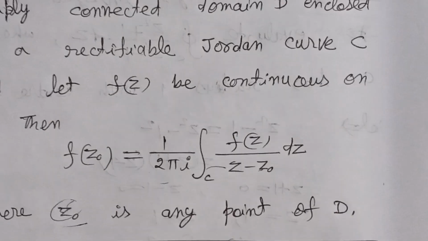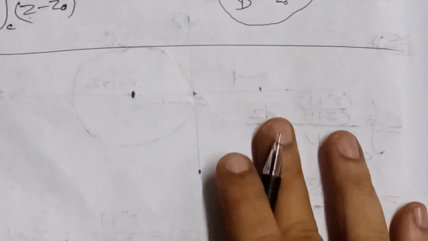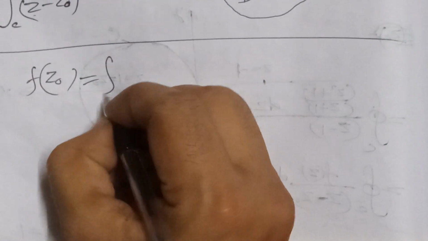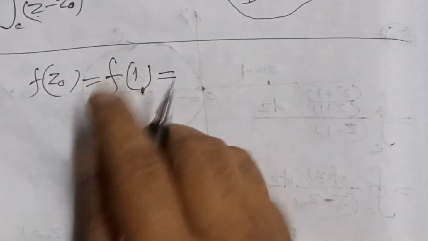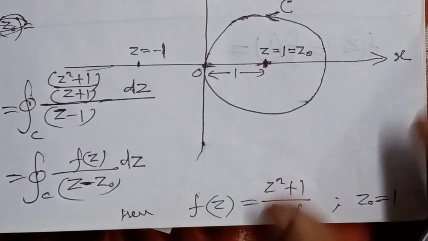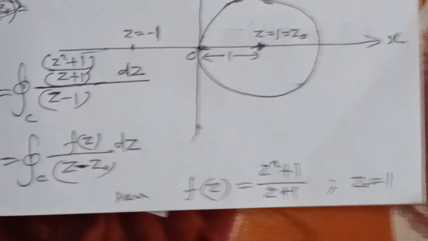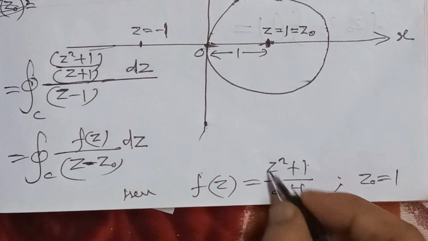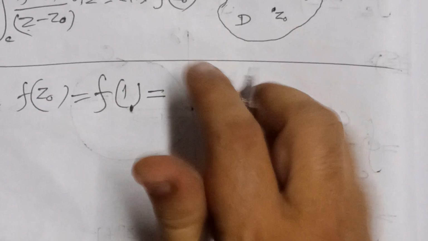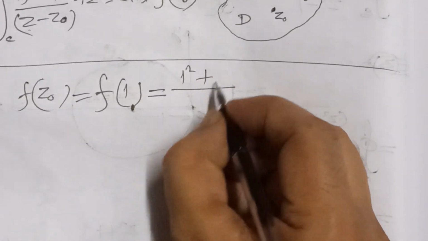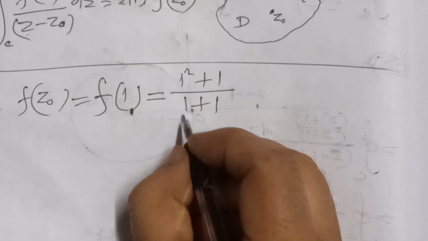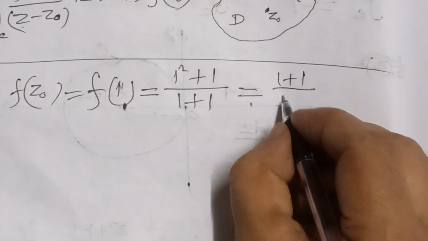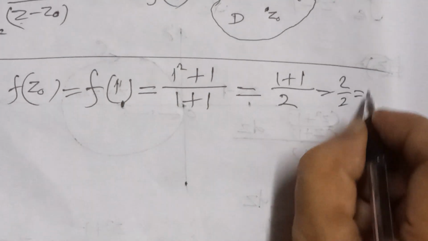For applying the Cauchy integral formula, we must first find the value of z naught, because z naught is equal to 1, and f(z) we also find here. So put the value of z equal to 1: 1 squared plus 1 upon 1 plus 1, that is 2 upon 2, which is equal to 1.